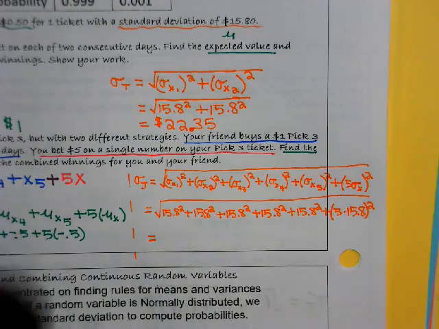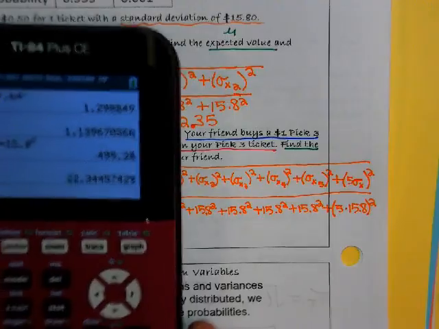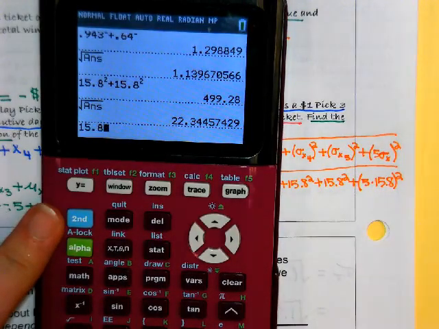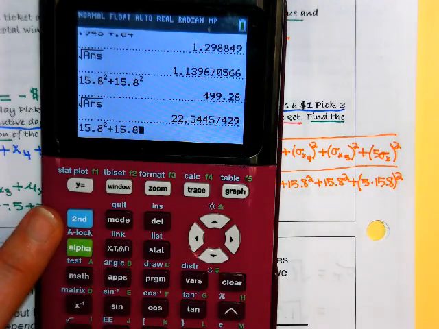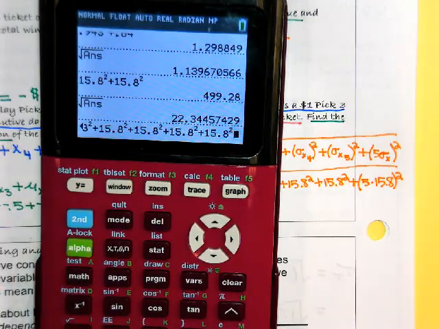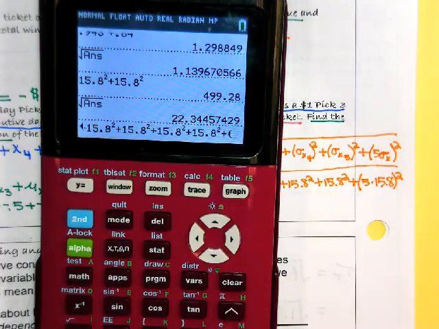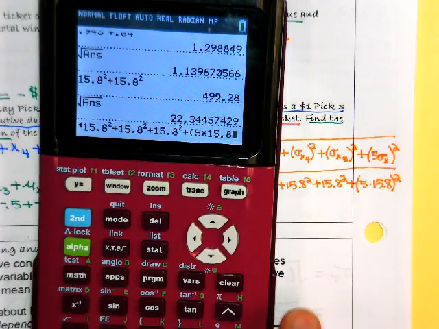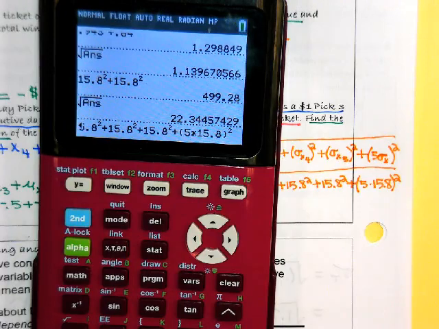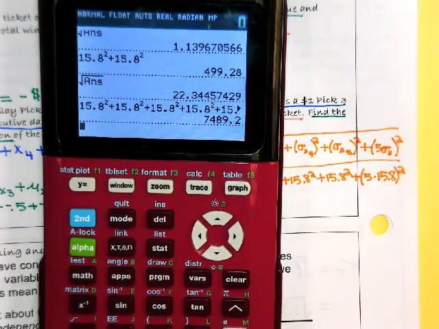So I'm going to do 1580 squared 5 times. That's 3, 4, 5. And then the last one, I'm going to do 5 times 1580 in parentheses first, and then square it. So I get 7,489.2.